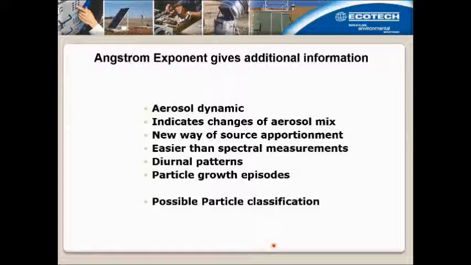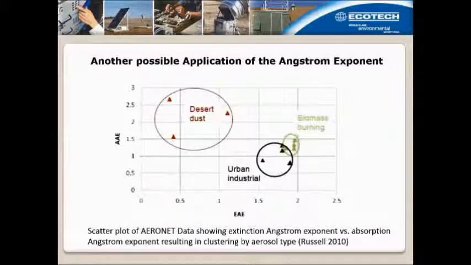The next picture shows you a plot of the extinction angstrom exponent versus the absorption angstrom exponent, and these two measurements, from the AERONET data, which are taken in several places around the US, allowed a classification for different kinds of dust.